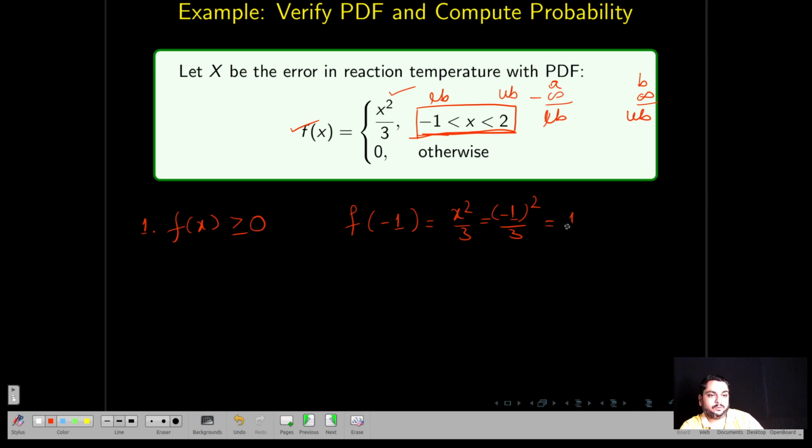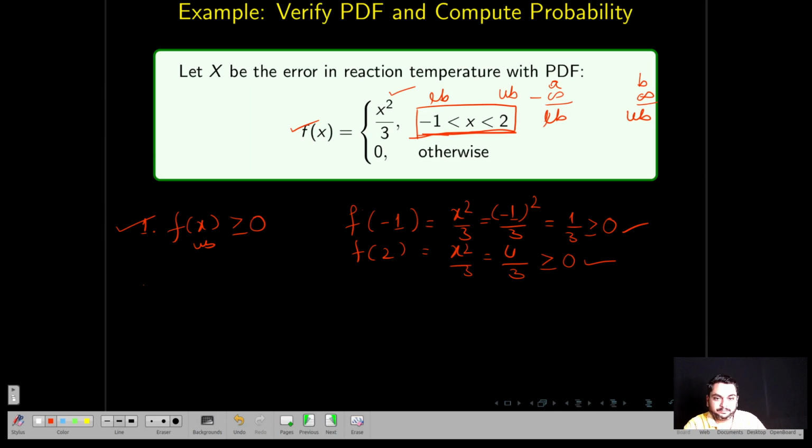This is equal to 1 by 3, which is greater than or equal to 0. Take f of 2. So x square by 3, that is 2 square is 4 divided by 3. This is also greater than or equal to 0. Okay, so this condition holds.